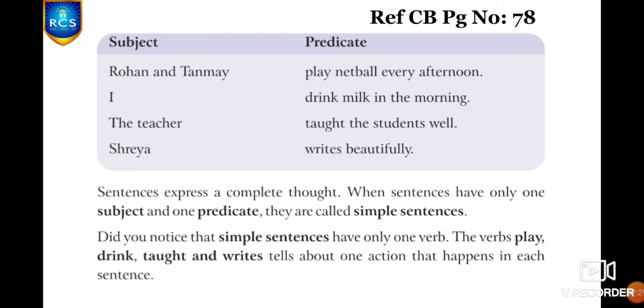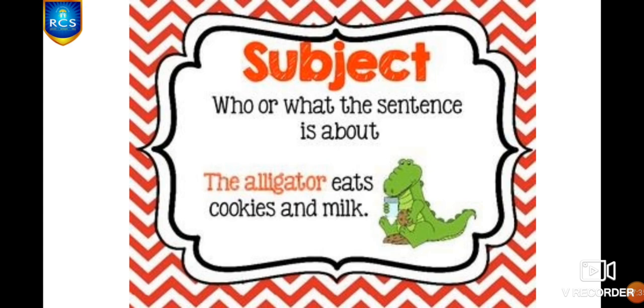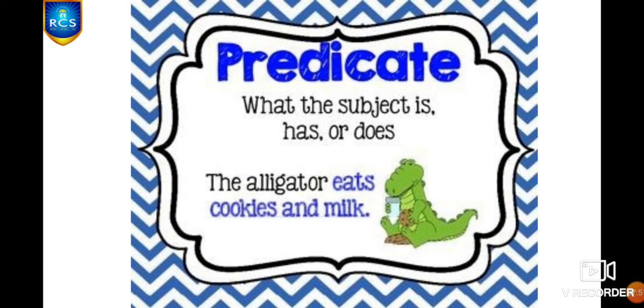Each simple sentence can be divided into subject and predicate. And here in this picture you can see subject, who or what the sentence is about. The alligator eats cookies and milk. Here the alligator is subject. And predicate, what the subject is, has or does.